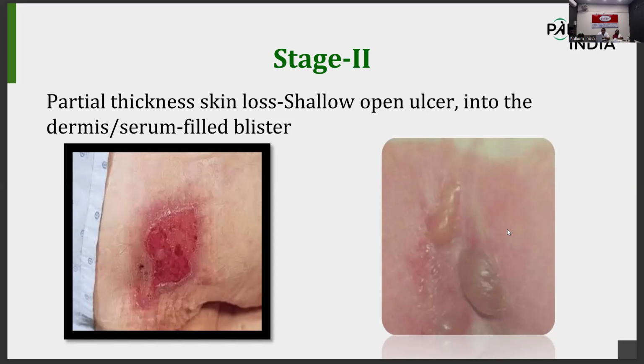So the first stage is non-blanchable erythema or redness. The second stage is blisters or skin loss, shallow open ulcers into the dermis layer. That is stage 2.